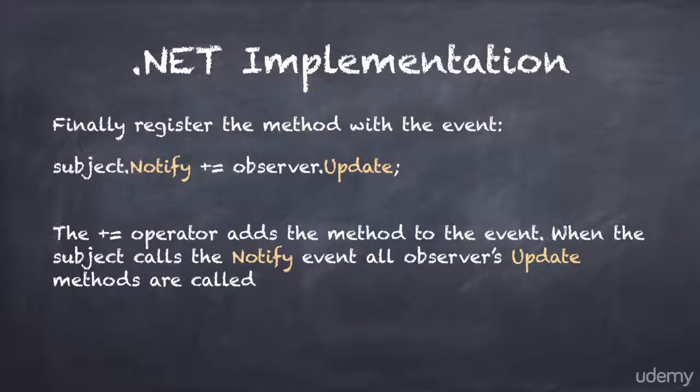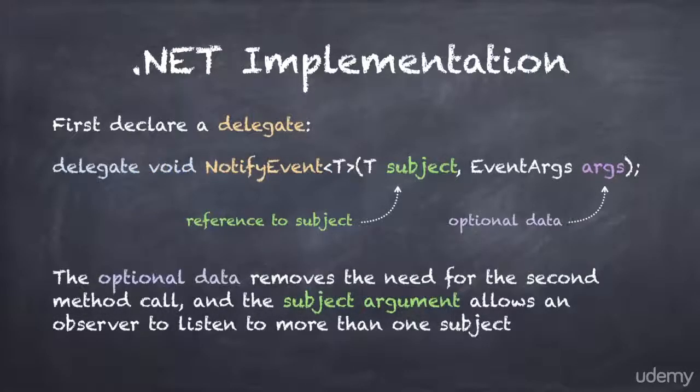When the subject calls the notify event, all the observer's update methods are called. If you have the subject put the new state in the data value, then you do not need to make that second method call to retrieve the state. And if you connect one observer to several subjects, it can use the first argument to tell them apart.